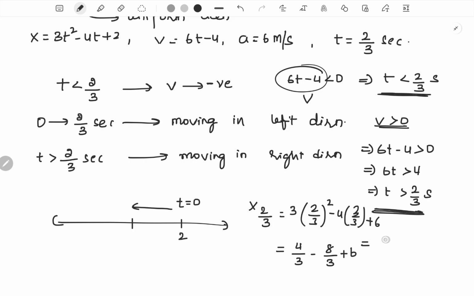Just a minute. Are we doing it correct here? Minus 4 by 3 plus 2, which is nothing but... 3 into t square minus 4 into t.